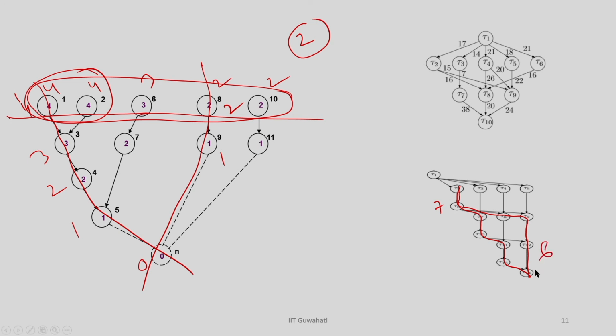If you think about this path, the delay is 1, 2, 3, 4, right. From this node to this node there are many paths, 24 paths are there. Some of the paths have delay 7, some have delay 4, some 5, 6 and so on, right.